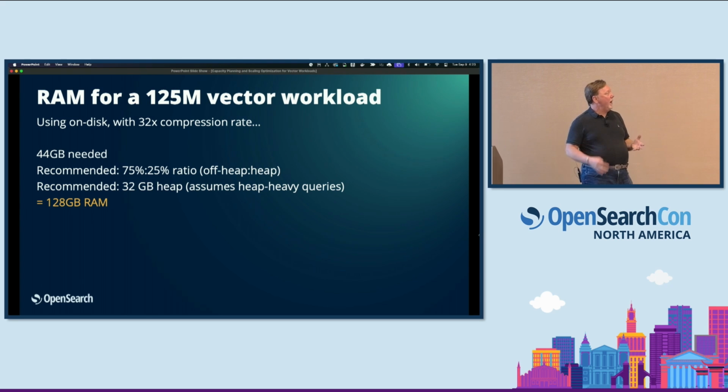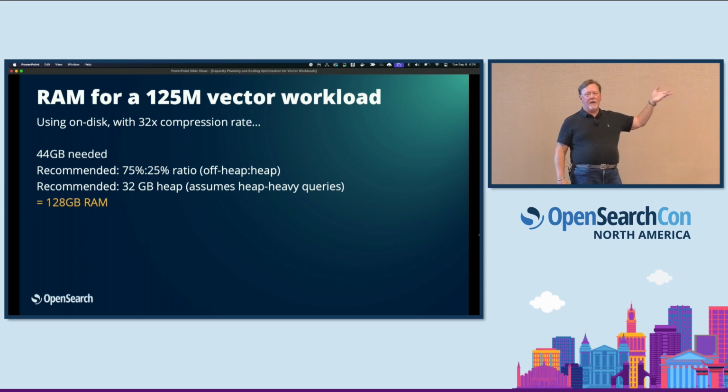Then in terms of RAM, we need 44 gig. We're going to recommend a 75-25 off-heap to heap distribution, and we're recommending 32 gig heaps. This is an example, right? How much heap you actually need for your search workload depends a lot on the queries that you're running and how much of the heap is consumed by transient structures that are doing lexical search.